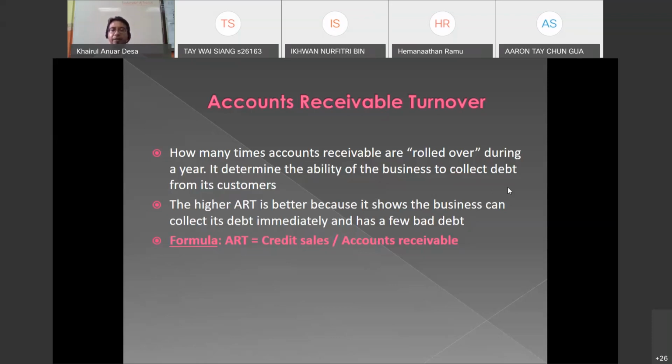Okay, because duit yang kita kutip ataupun liquidity apabila kita transform di account receivable menjadi cash, maksud kita kutip dengan cepat, kita boleh guna duit yang kita ada tu untuk membeli inventory yang baru. Okay, jangan biarkan duit kita terikat dengan hutang terlampau lama. So dalam bisnes, when we collect our debt faster, it means good to our company. Okay.